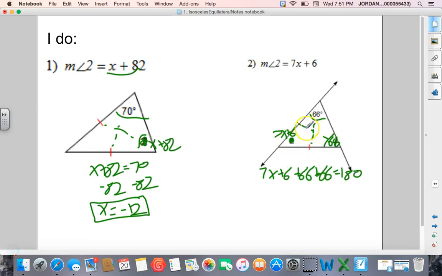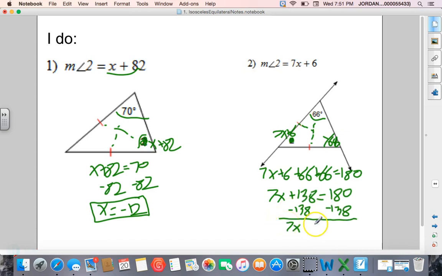Alright, whatever the expressions are for your three angles must add up to be 180. So this is a little bit more complicated, a lot of terms in here to add up. 6 plus 66 plus 66, that's going to be what, 138 equals 180. Now we just minus 138 and minus 138.